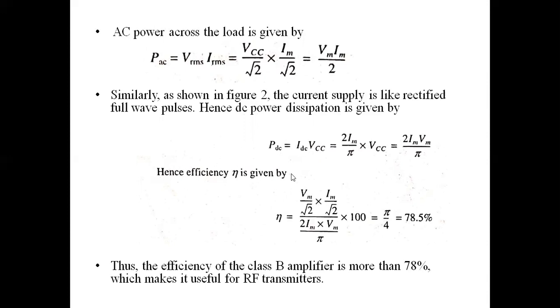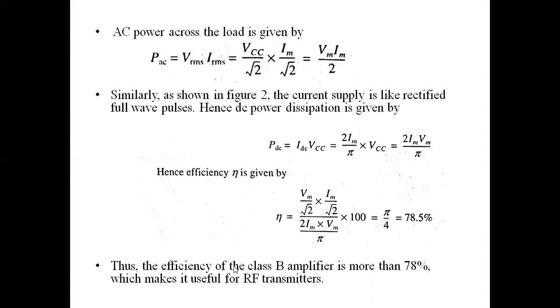Hence the efficiency is the ratio of VM by root 2 into IM by root 2, the AC power, to the DC power 2 into IM into VM by pi, into 100. When we simplify, we get pi by 4, which is 78.5%.